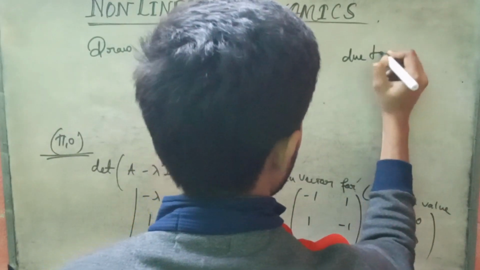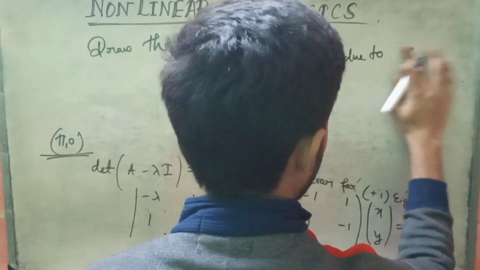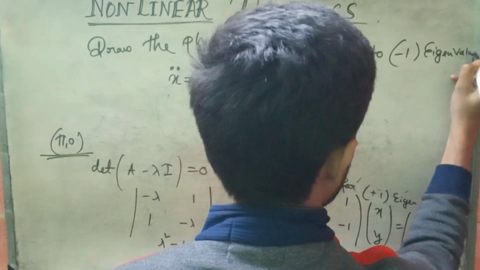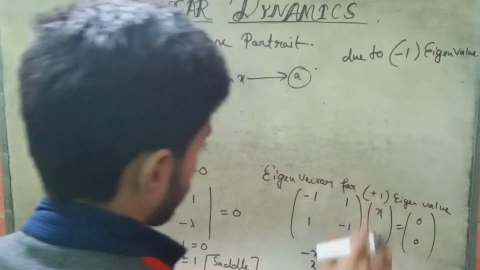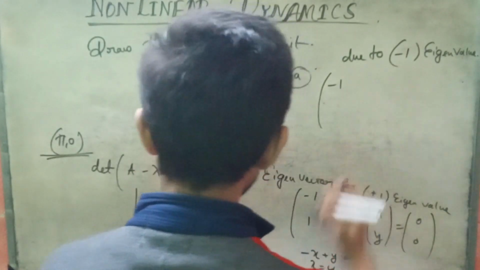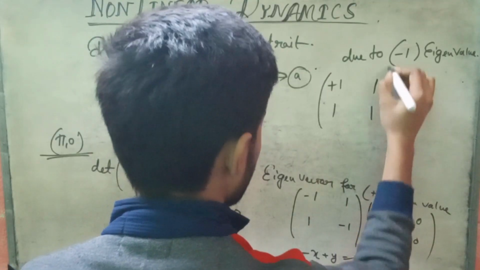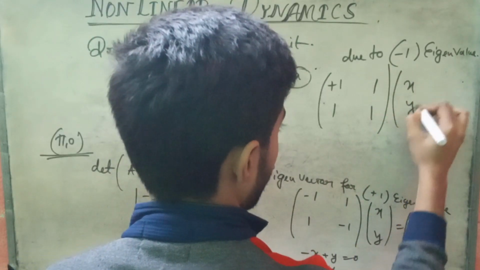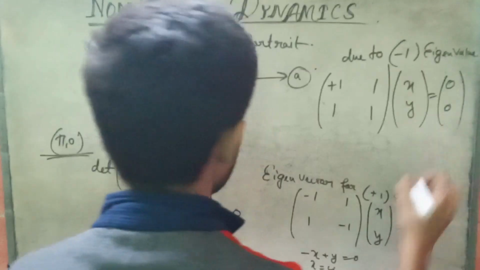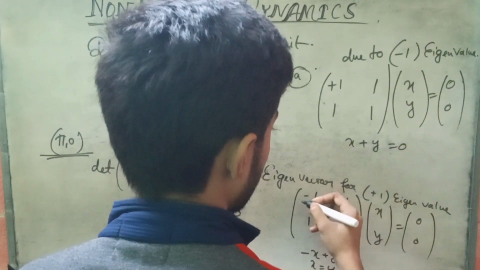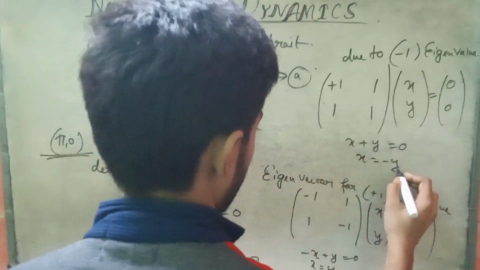For the minus 1 eigenvalue, find the eigenvector. So this is minus 1 minus 1, minus 1 plus 1, this is plus 1, this is plus 1, and this is also plus 1 into x, y, which equals 0, 0. So this is x plus y equals 0, and you can say that x equals minus y.